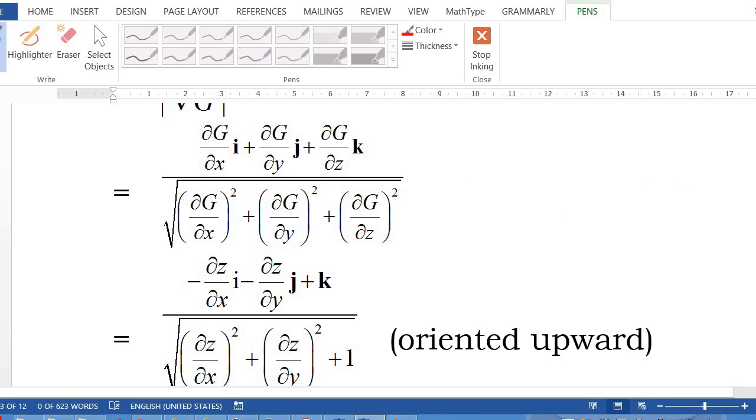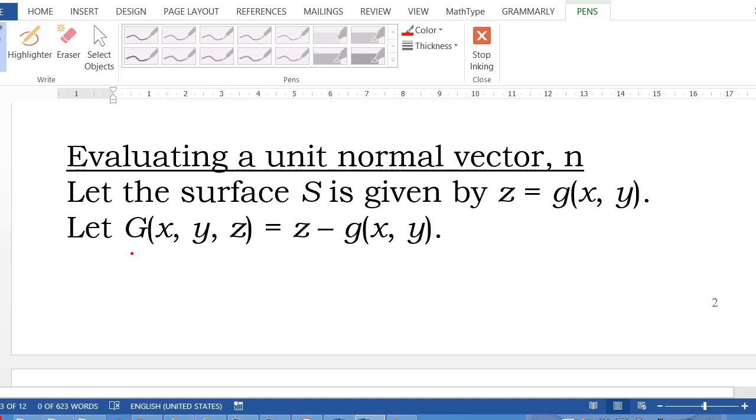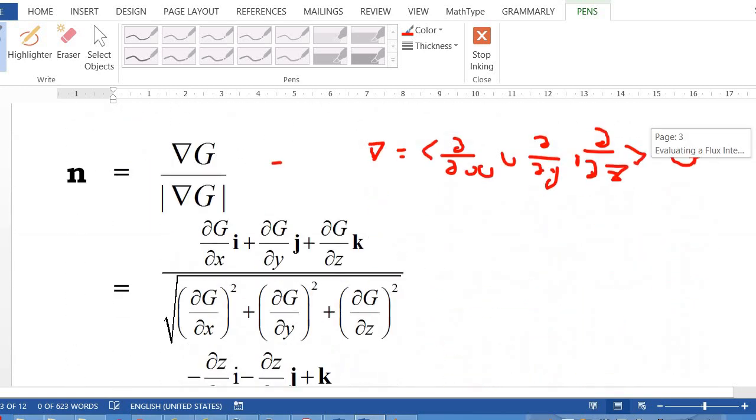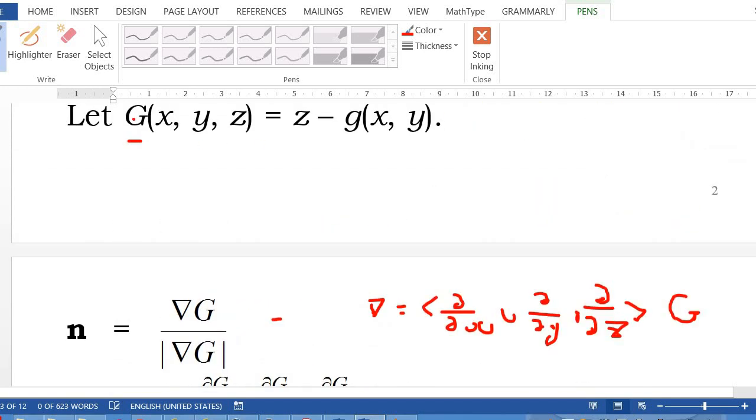And then the function g is equal to z minus g(x,y). So for ∂g/∂x, we differentiate g with respect to x.